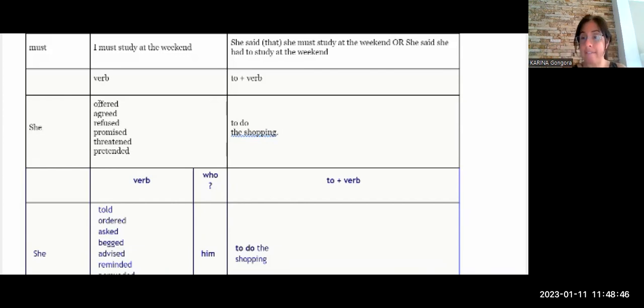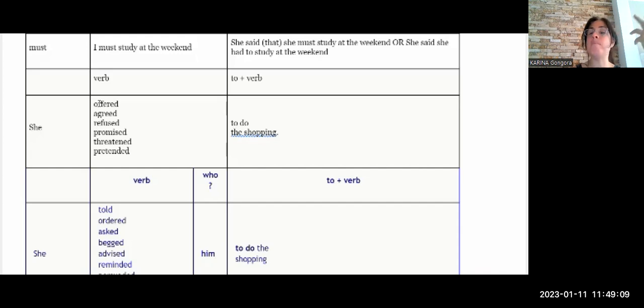But when you have a reporting verb, you have more meaning because it's not the same to say he threatened to hit me, right? Than, for example, he told me or he said, right? You are adding more meaning to whatever it is that you are saying.